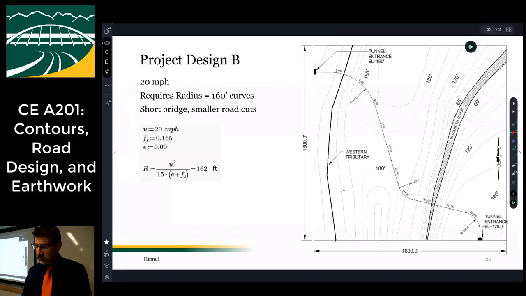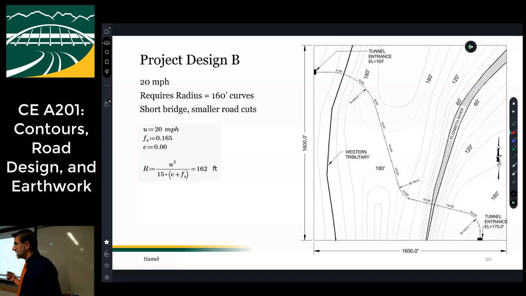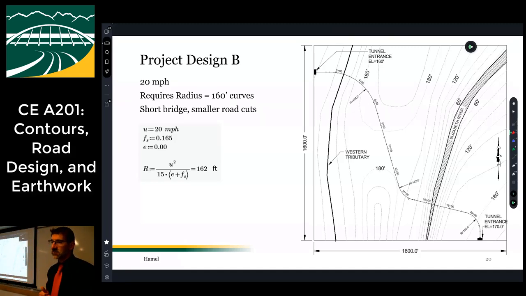Now the question becomes, which one of these would we do? What's the problem with this one? It's slow, right? Also, it's not that safe, right? A lot of the DOTs across the country, their primary mission is actually safety.